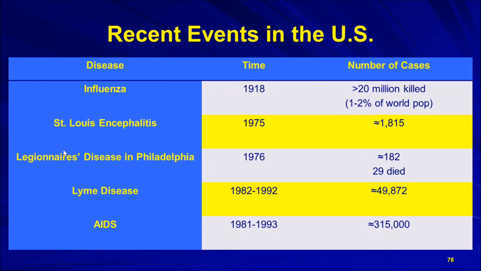Numbers are only one thing, but we want to take geographic spread or geographic location into account as well. With St. Louis encephalitis, we find it in most of the United States, Ontario, Trinidad, Jamaica, Panama, and Brazil. And so that's why it would also be classified as a pandemic.